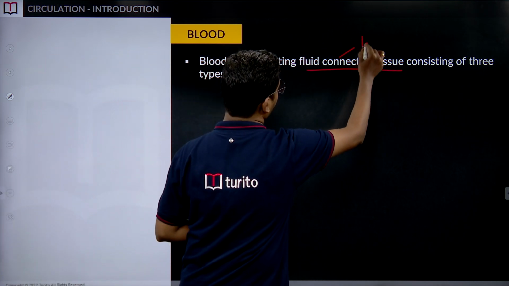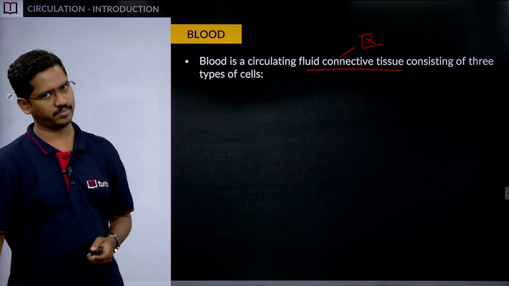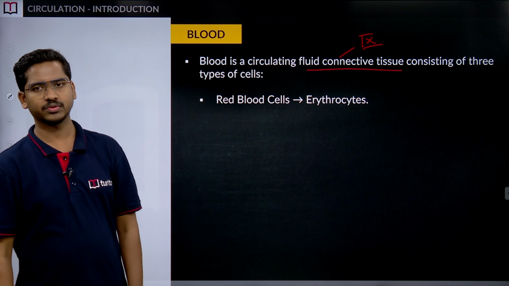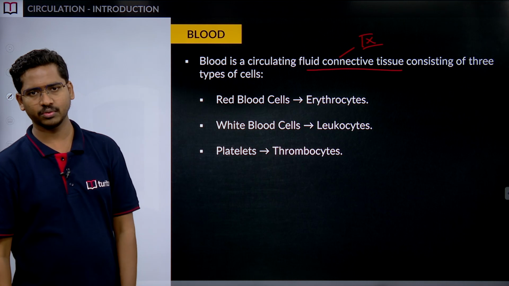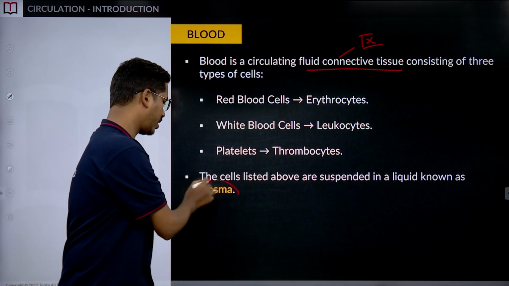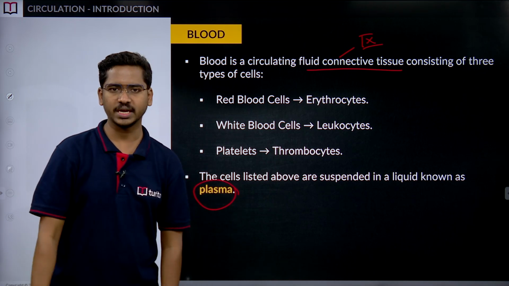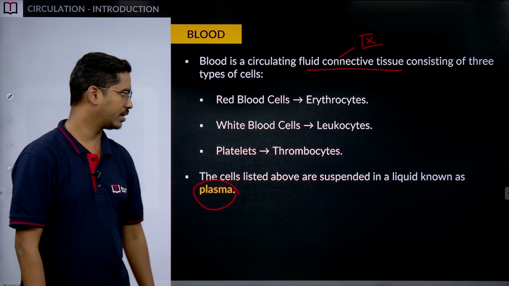Now I told you that it is a fluid connective tissue. We get to see this for the first time in the tissues chapter of grade 9th, right. So, it is the same thing you are trying to get here. RBCs are erythrocytes, white blood cells are leukocytes, platelets are thrombocytes. They are all suspended in a fluid matrix called plasma, right. So, it is the same thing we get to see here.